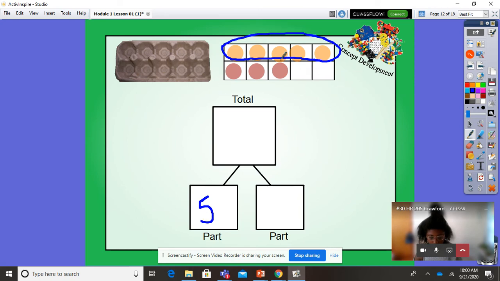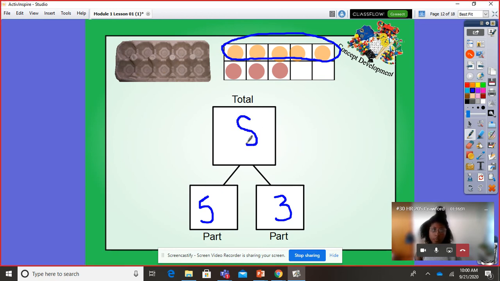And then what's left over is 3. So I'm going to count up. 5, 6, 7, 8. Do that with me, even though your microphones are off. 5, 6, 7, 8. So my total is 8.